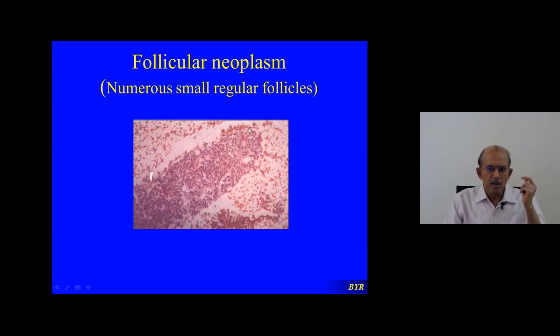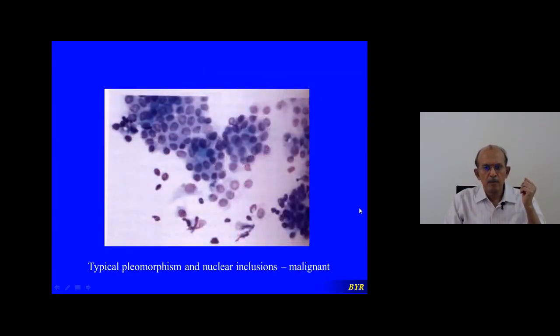Again, you can see a large follicle here. You can see large cells which are not uniform in shape and size, and some of them have hyperchromatic nuclei.